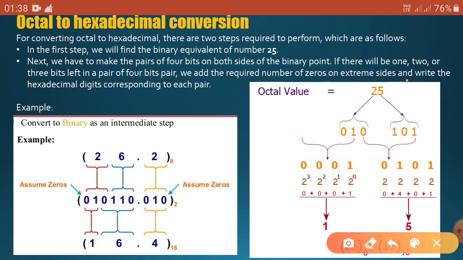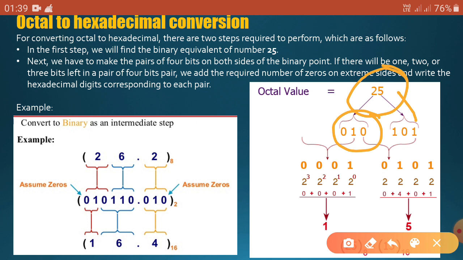How? Suppose the number is 25, it is in octal. So 5 means 101, 2 means 010. We have to convert each digit into the binary number. So here 5 is 101, 2 is 010, and then we have to make groups of 4 bits.